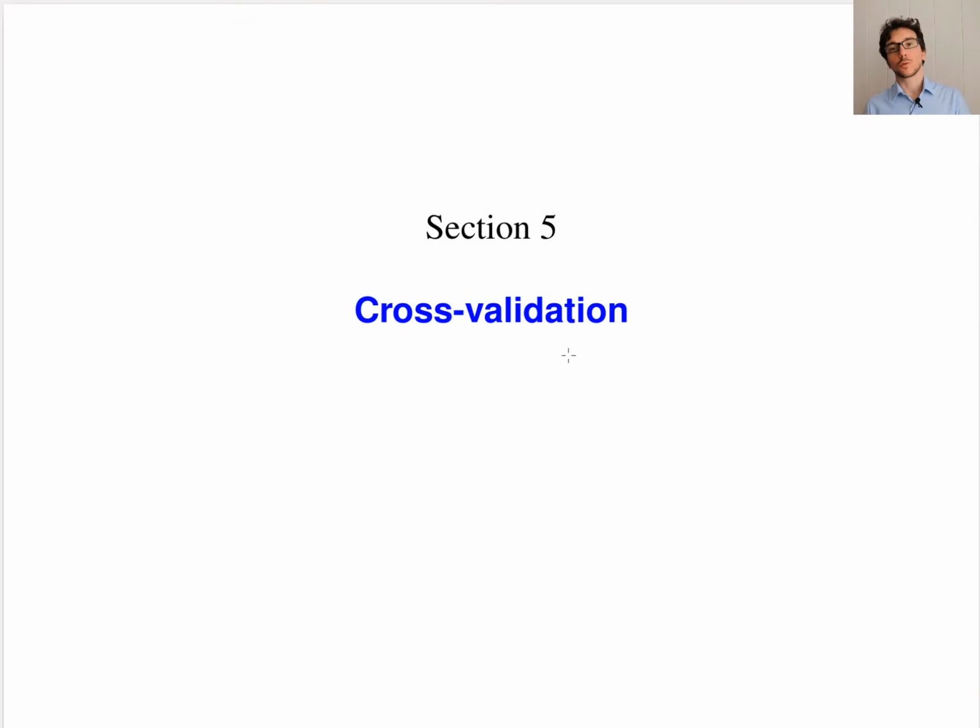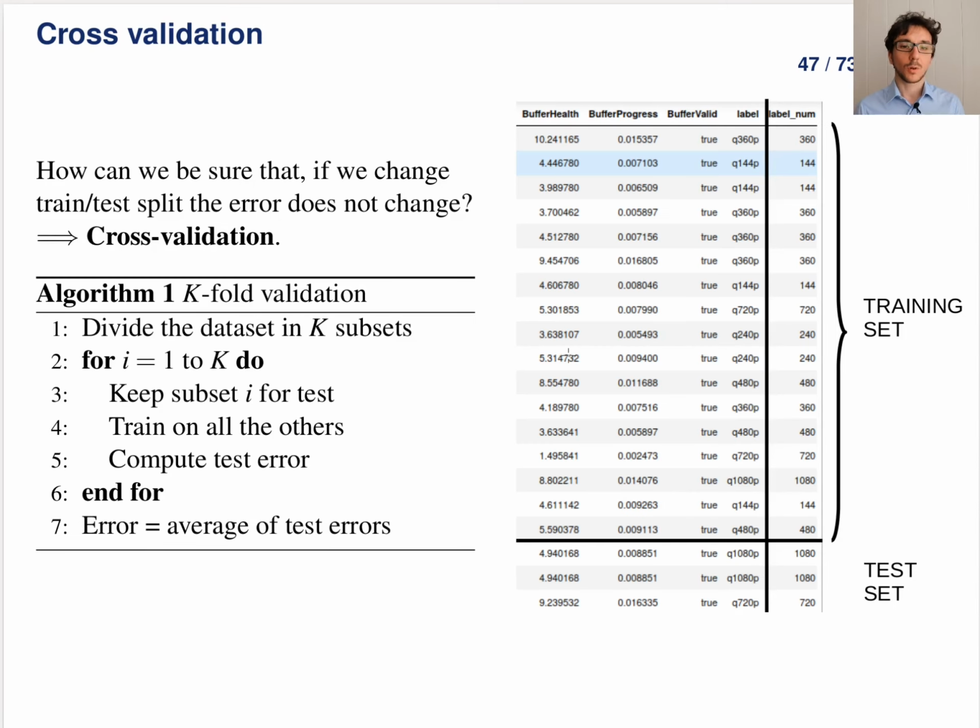We have seen that due to collinearity problems, our model may suffer high variance, so it can be very unstable. How can we check this? The best way to do it is cross-validation. What does it mean?